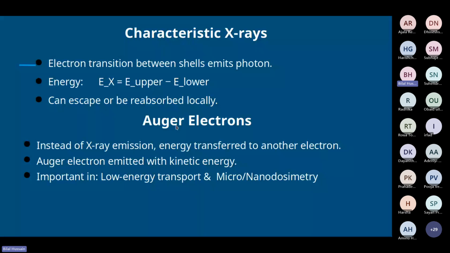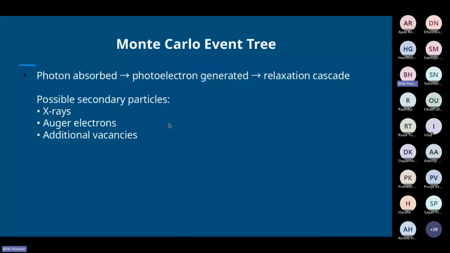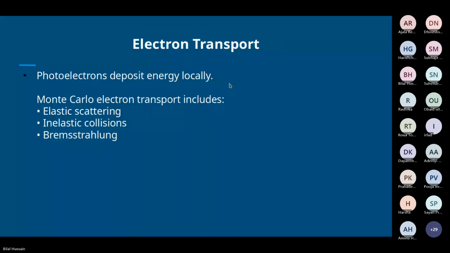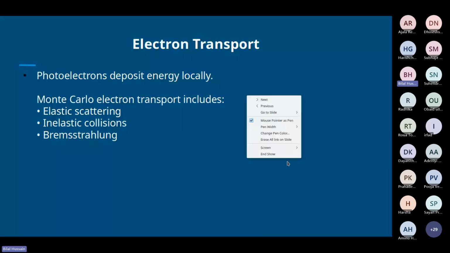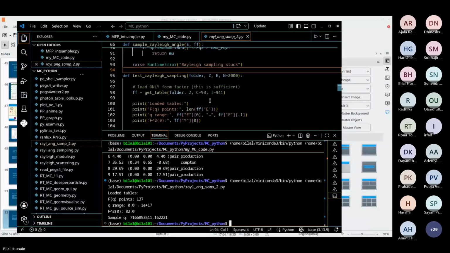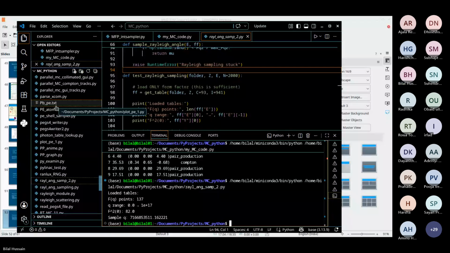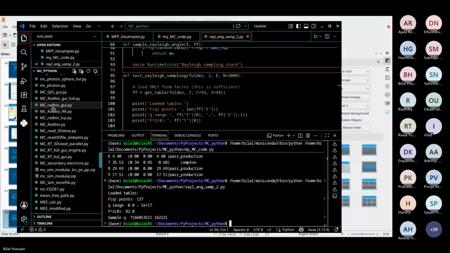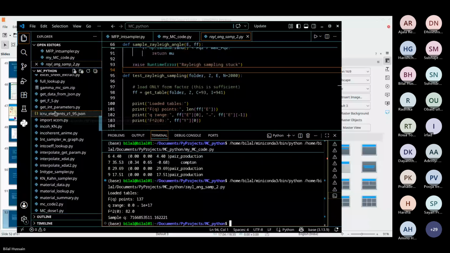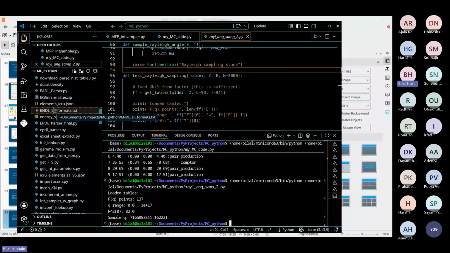Okay. At this point I want to show you one of my Python codes. I have taken the actual data from the EADL data, with a parser.